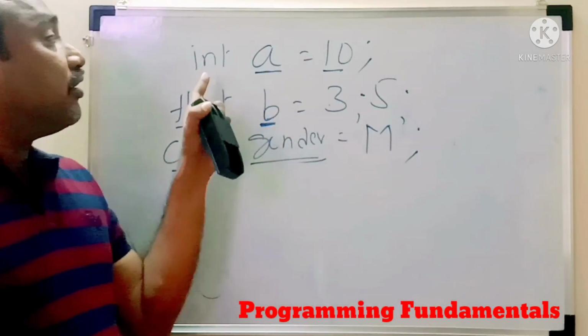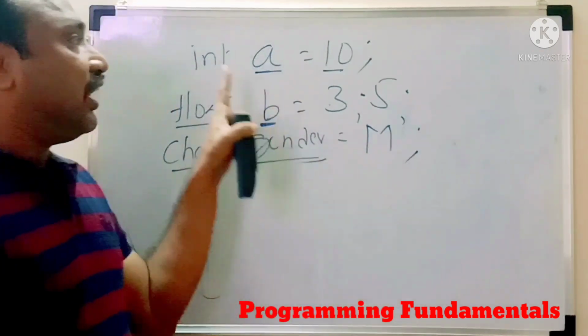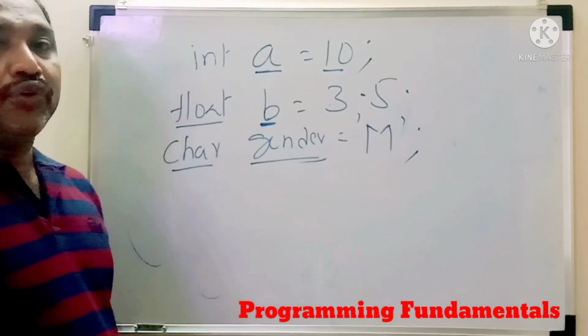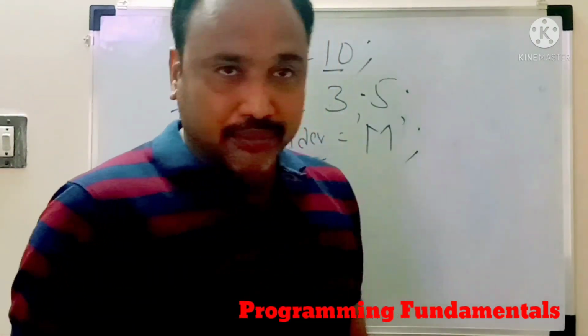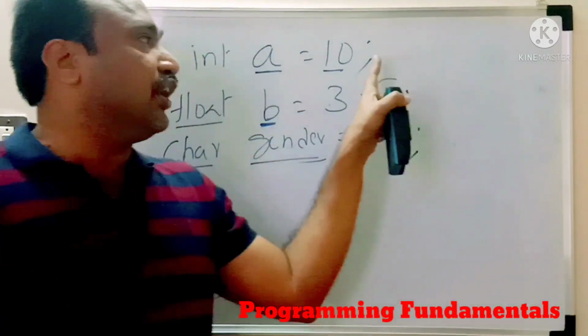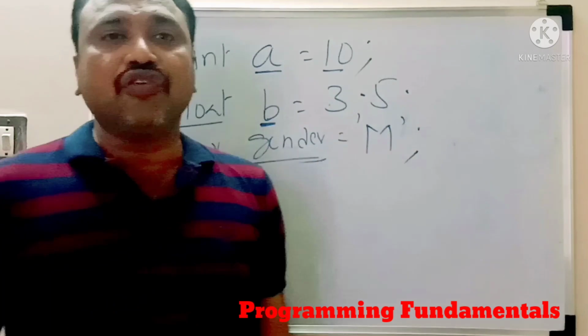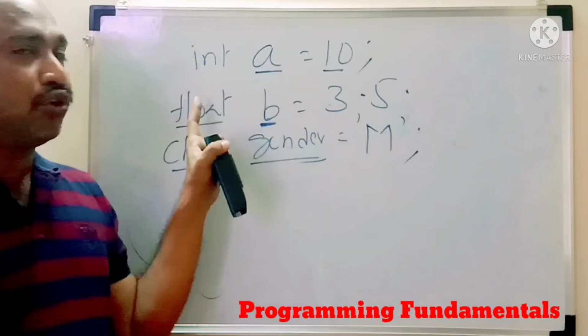Okay? What is the purpose of data types? Why do we have to use data types? Data types are used to specify the type of data used in the program. If we are going to use integer values, specify it using the int keyword. If you are going to use real values, specify it using the float keyword.